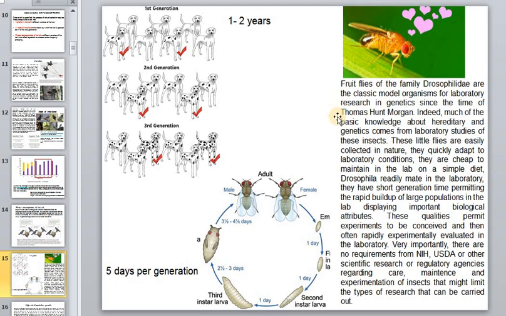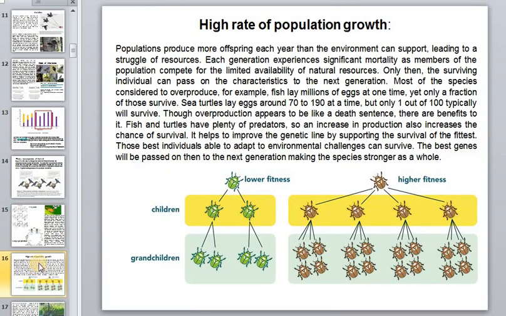Since the times of Thomas Morgan, much of the basic knowledge about heredity and genetics comes from laboratory studies of these insects. But we talk about bigger animals and smarter animals, and we have a high rate of population growth. Populations produce more offspring each year than the environment can support, leading to competition for resources.